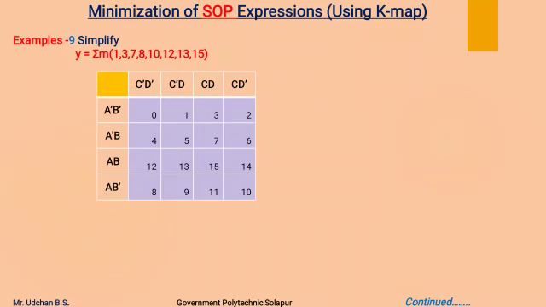Enter the ones 1 3 7 8 10 12 13 15. For remaining enter zeros.